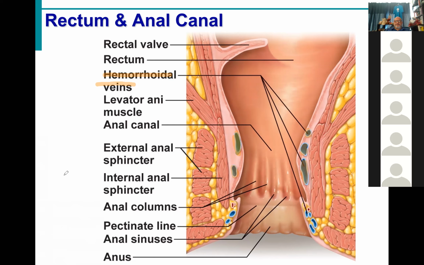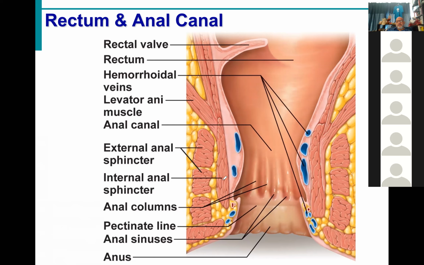All right. Now, the other two things that I want to show you on here are, once again, as we've seen, valves that are going to control the movement of substance out of the organ. And just like we would expect to see, one of those is an enlargement. We'll go with the bright red.